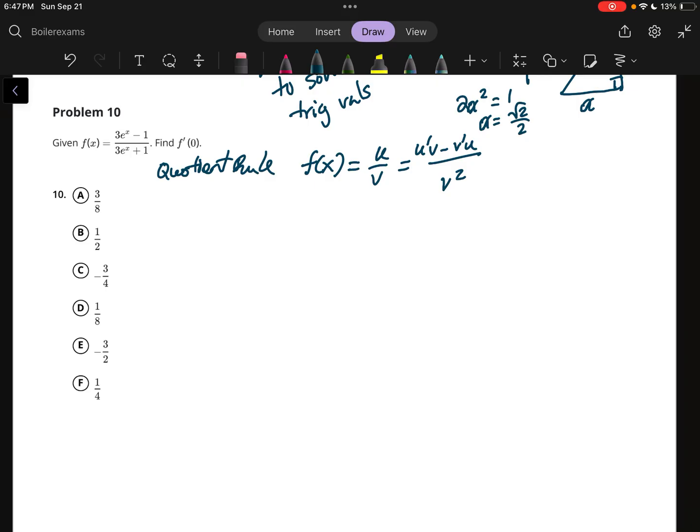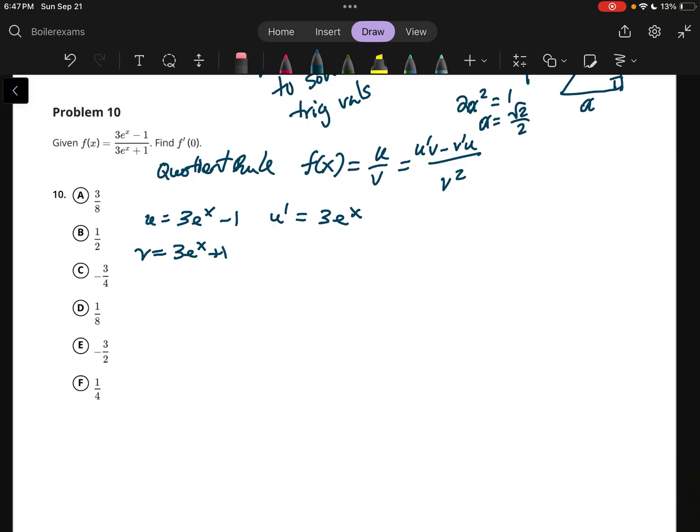We know u is equal to 3e^x minus 1, and v is equal to 3e^x plus 1. That makes u prime equal to 3e^x. This is because the derivative of e to the power of x is e to the power of x itself.